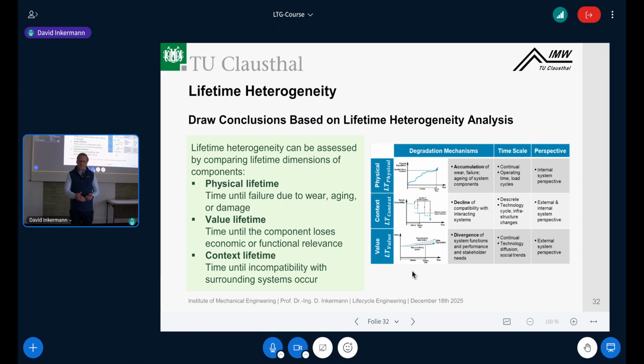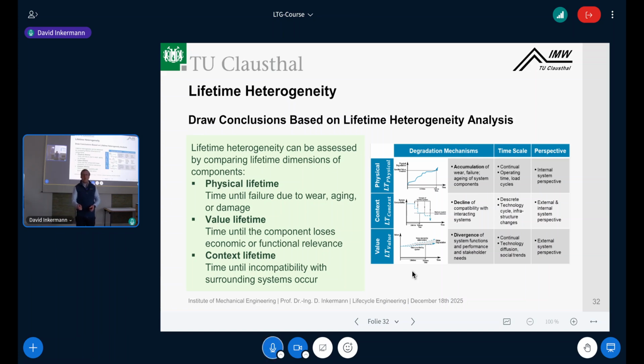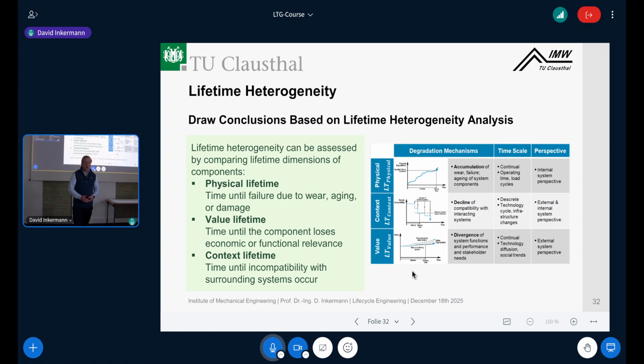Yes, now it has become a standard, but before we had plenty of different interfaces, and if there is a new kind of technology or maybe a standard for an interface, that is what we call context, and then your product is no longer compatible with the interacting systems.